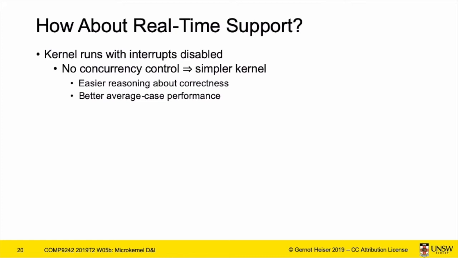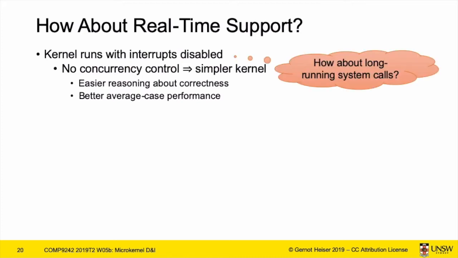And obviously it also helps average case performance because any critical section, any locking always costs, even if it's not contended. What's the drawback? Obviously it limits interrupt latency, right? You can't take an interrupt while in the kernel. And if you have long-running operations, then interrupts may be disabled for a long time, and that's not good for real time.